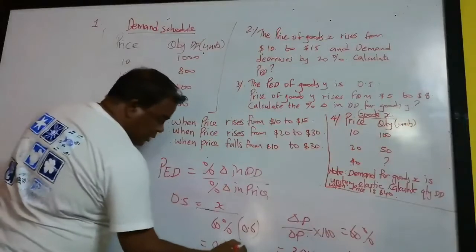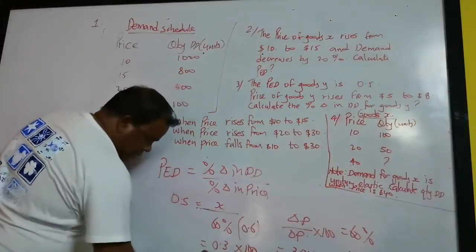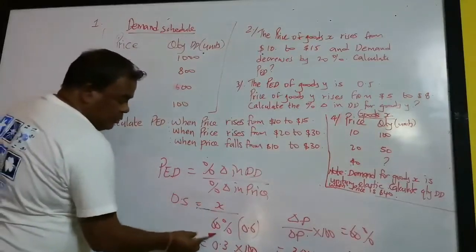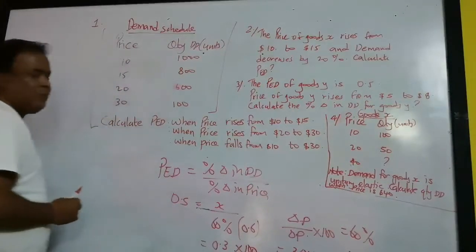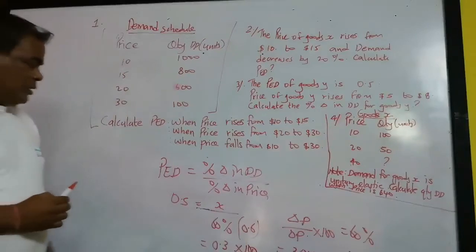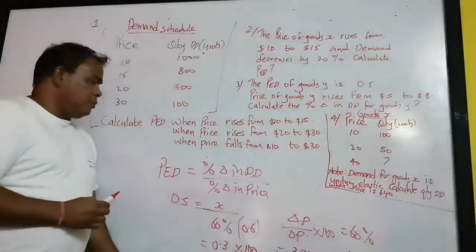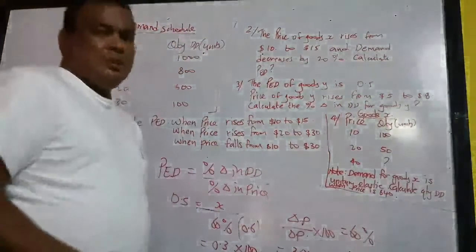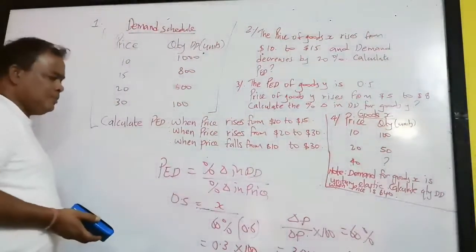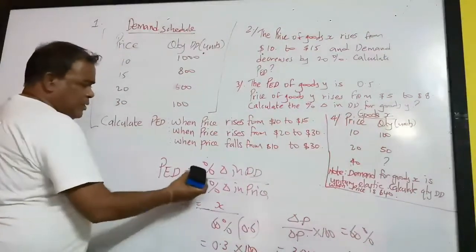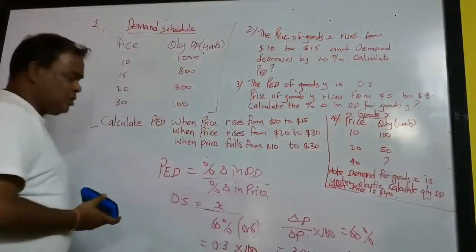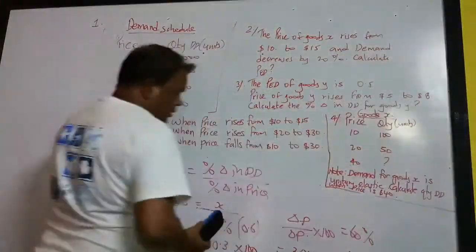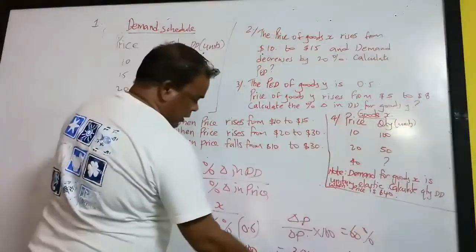In other words, we have to times 100%. This will give us 30%. If we replace in the formula 30% over 60%, this will give us 0.5. So here we have to calculate price elasticity of demand when the coefficient has already been given. Percentage change in demand over percentage change in price. The change in price has already been given, 5 to 8. We have to calculate percentage change in price.